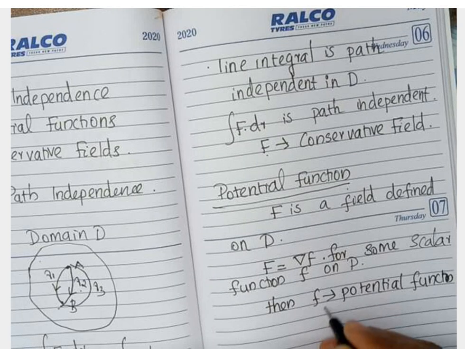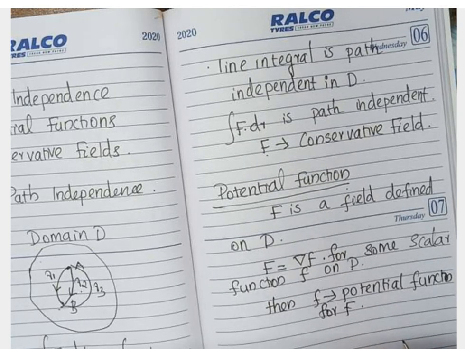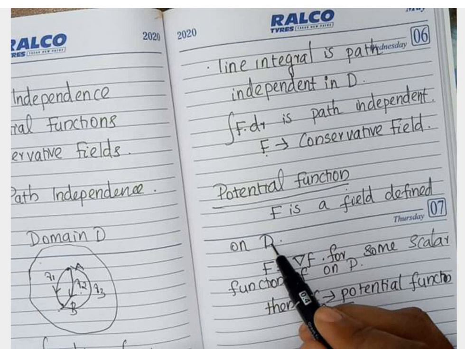F is a field defined on D, F equals del f.